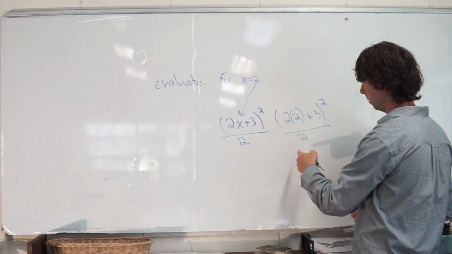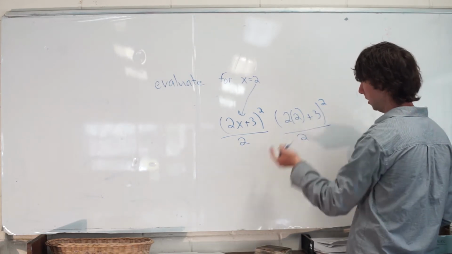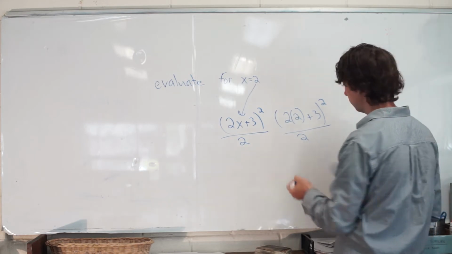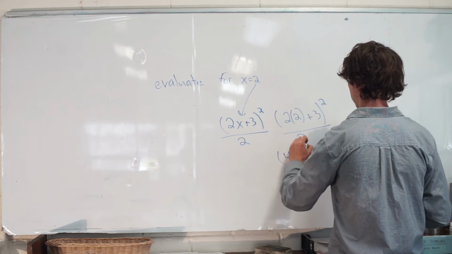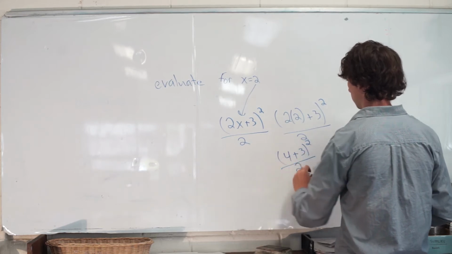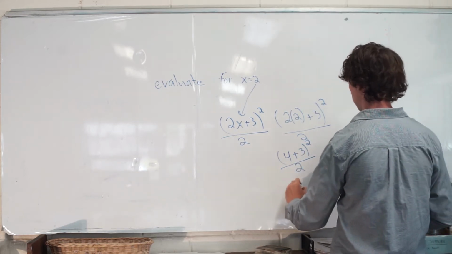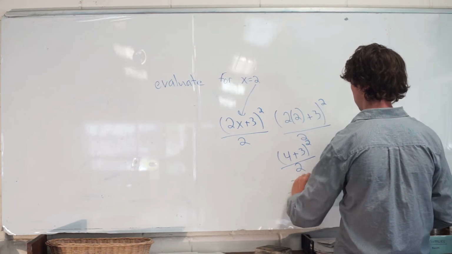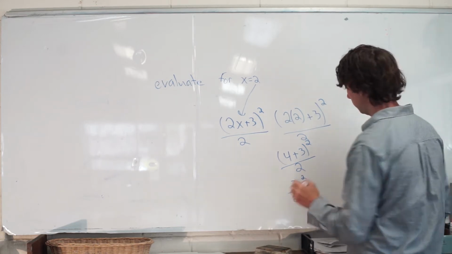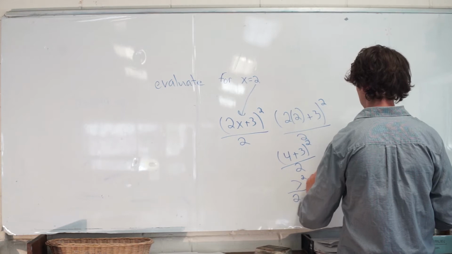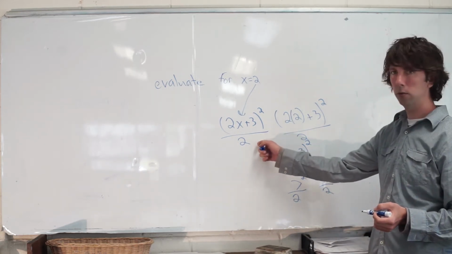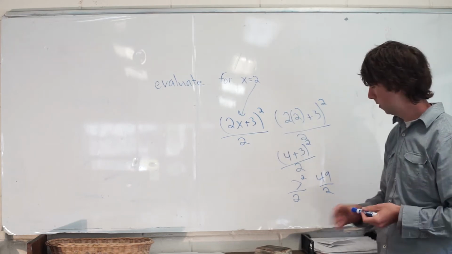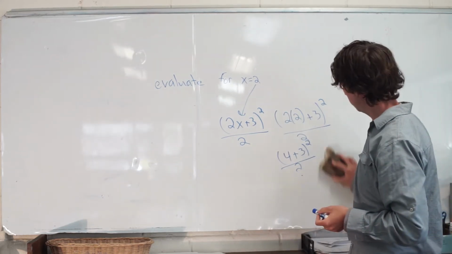You're going to multiply first, or you can distribute the exponent first. It's probably easier to just multiply first. 4 and 3 is 7. 7 squared is 49. And that's the value of this expression when x is 2. Okay? So that all should be familiar.